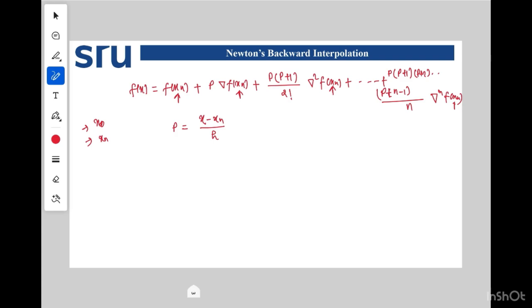And what is del f of xn? This is your first backward difference. This is your second backward difference. Similarly, this is your nth backward difference. You can calculate these using the backward difference table.